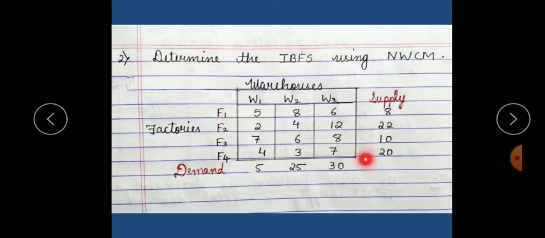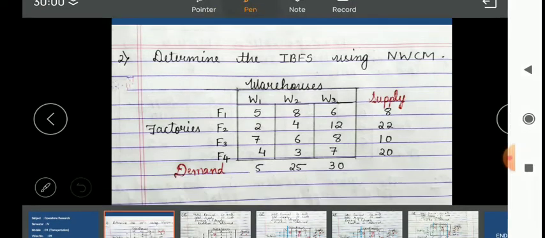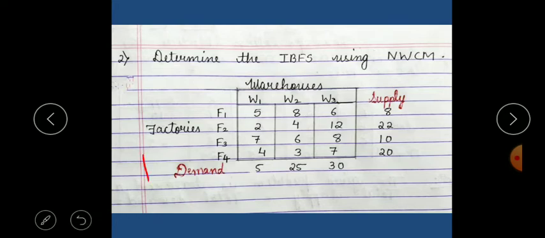So the problem is given in the form of a matrix here, and as I've told you already in my previous lecture, goods move from the factories to warehouses or godowns. So it can be anything. Factories are the initial place where the goods will be, and they move from factories to warehouses.